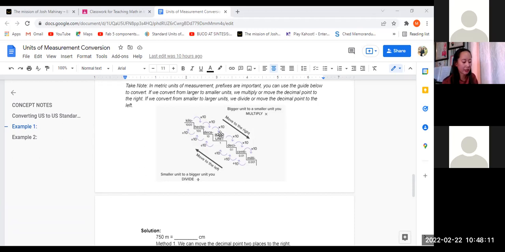In our base unit, we use meters for distance, grams for mass or weight, and then liters for volume. Okay, so these are the base units.